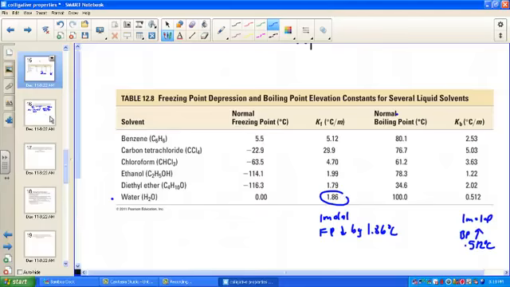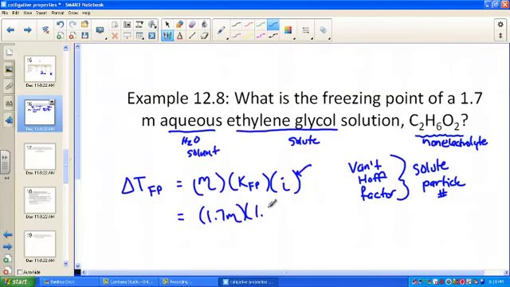We need that number to do this problem. And that number is in a unit of degrees Celsius per molal. The van 't Hoff factor is 1. A molecular compound does not dissociate.